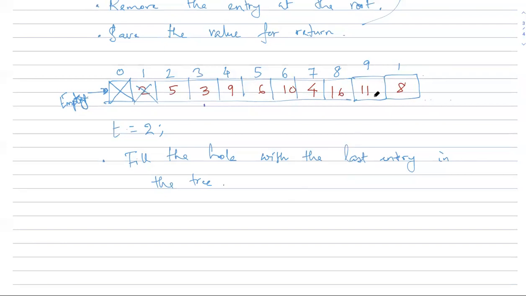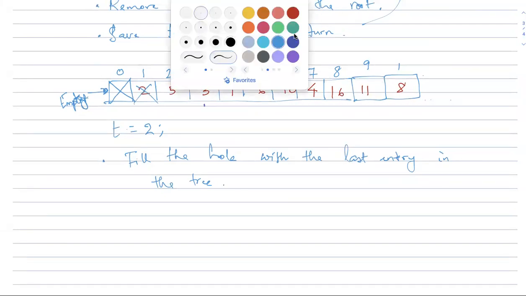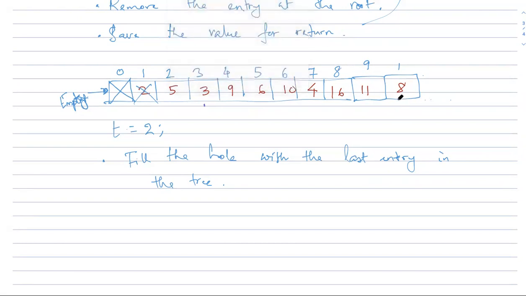So naturally, the choice that it has is pretty much left with the last one. So this is the entry that goes on and replaces this entry. So this becomes now 8, and this is removed.